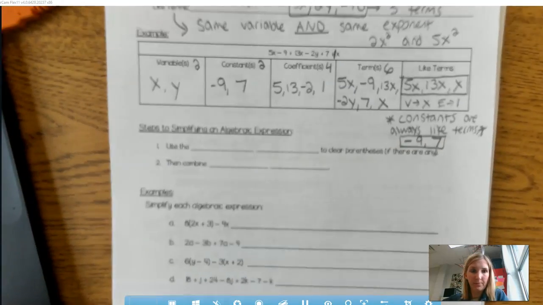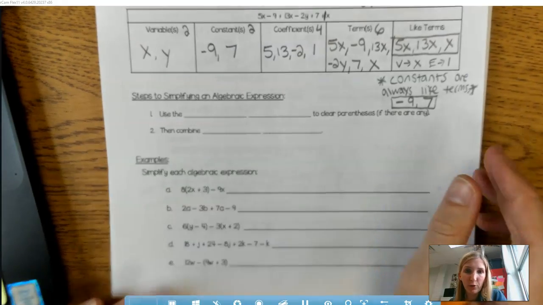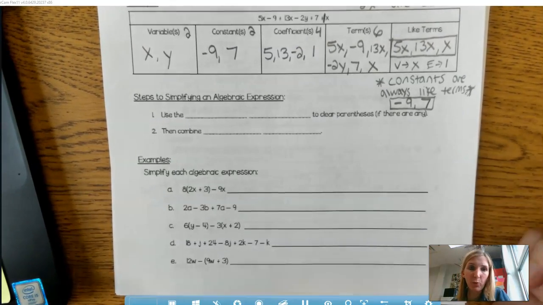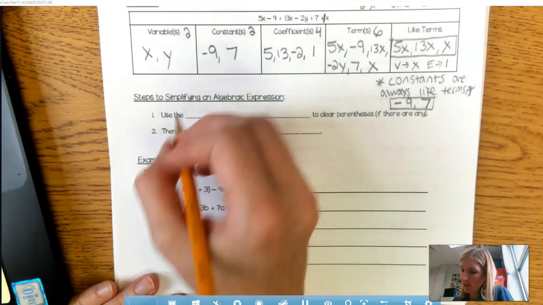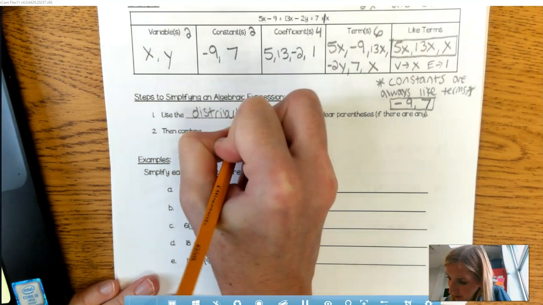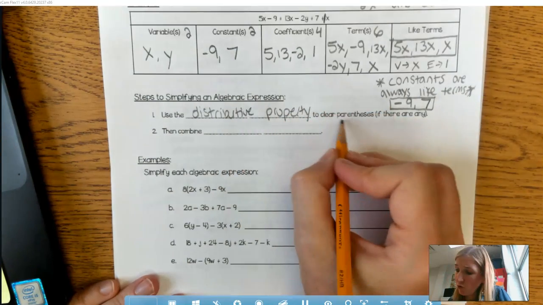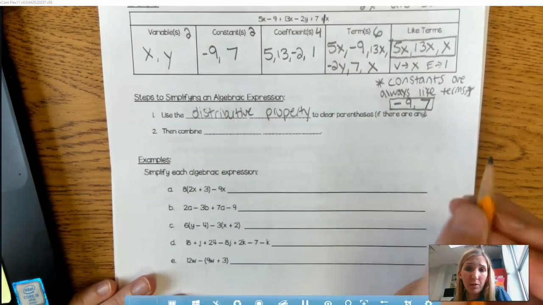Okay. Our last step here, steps to simplify an algebraic expression. So to get it down to its simplest form, we've really got 2 steps. Number 1, use the distributive property. Remember, we went over that last class. Use the distributive property to get rid of any of the parentheses if there are any.